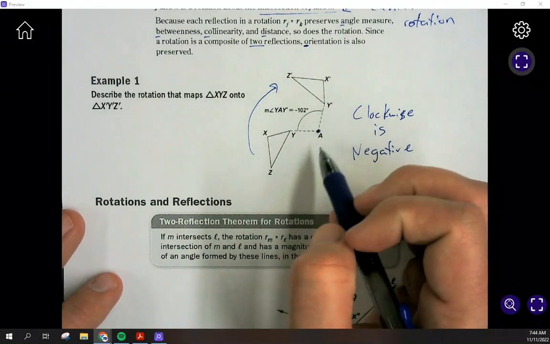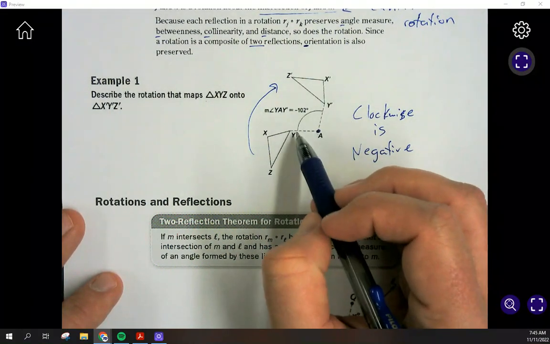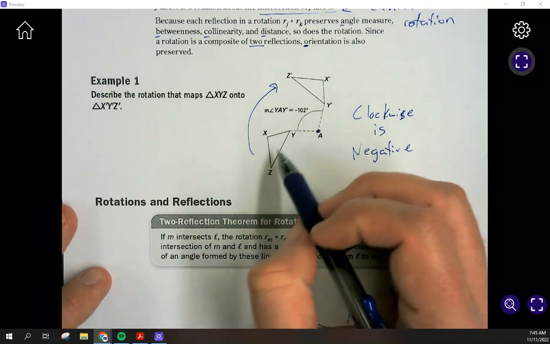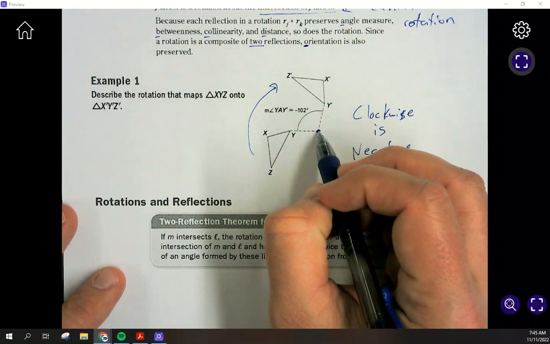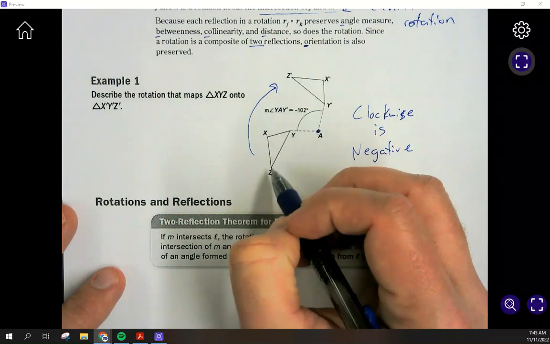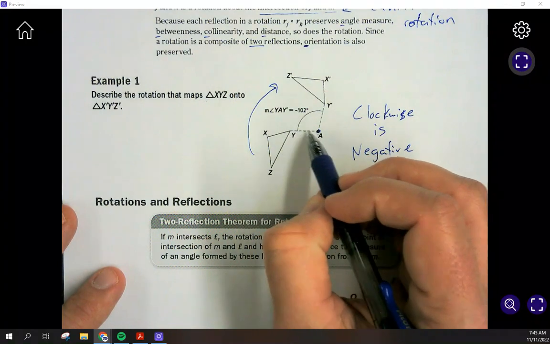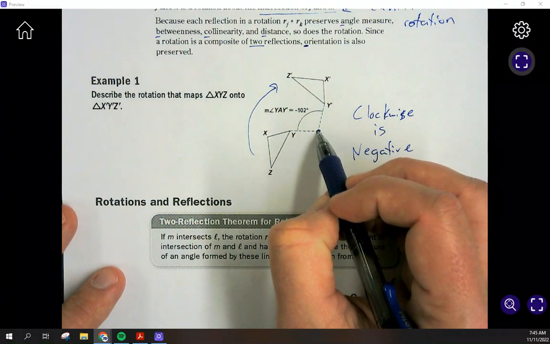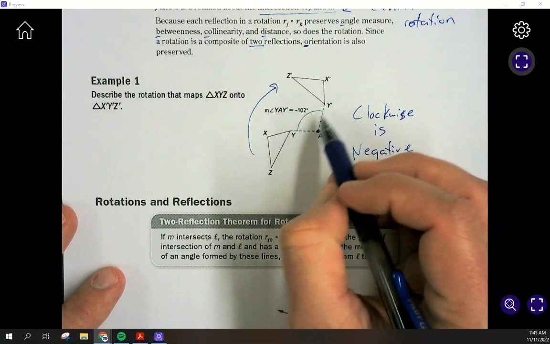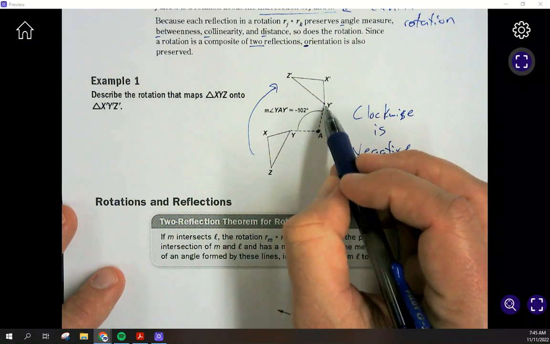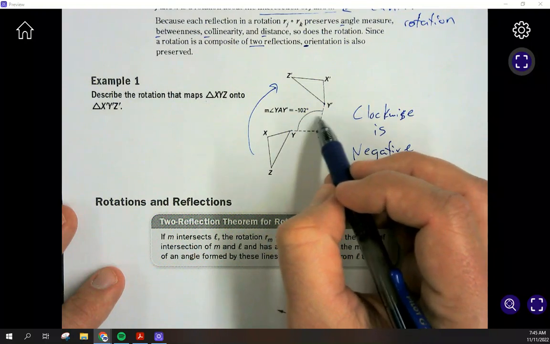This is already all drawn out for you. So clearly this is the magnitude of the rotation. But notice how it's being measured. If these two shapes were given to you without this measurement here, if you had the center, you can take any one of the points on the original pre-image, draw a line to the center of the rotation, and then draw a line to the corresponding point. Notice I have Y and the image of Y. Each one draws a line to the center of the rotation, and then you just measure that angle.